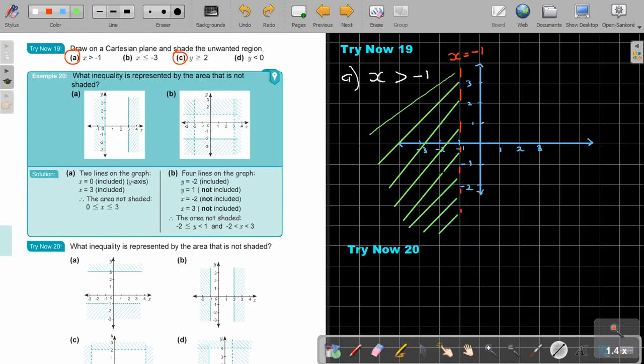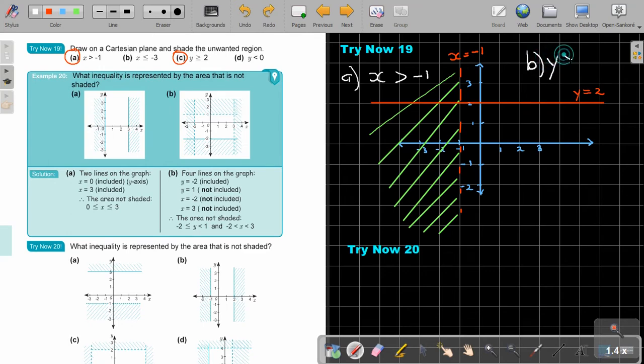Okay, for the next one, first draw the line y is equal to 2. Now, where is the line y equals 2? The line y equals 2 will be this. So this will be the line. This is number B. And what is number B saying?